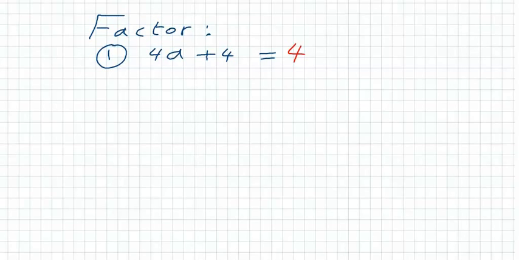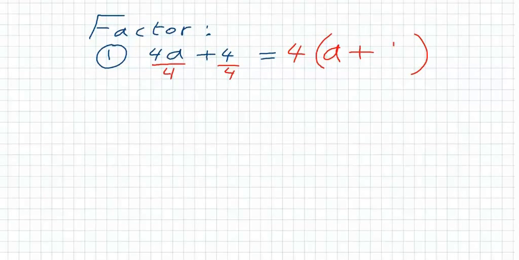This 4 now is a factor of this expression. It must be multiplied by another factor, so their product will be 4a plus 4. To know what the other term is, we need to divide every term by 4. So 4a divided by 4 will be a, plus, 4 divided by 4 is equal to 1.